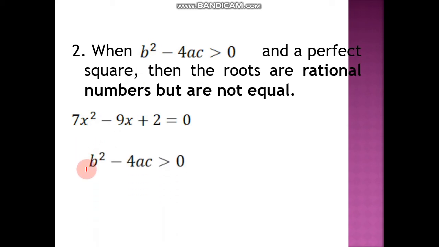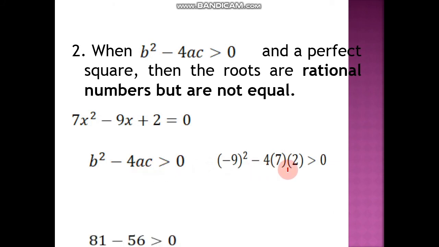Using the expression b squared minus 4ac, use the values of a, b, and c to substitute. Please observe, the value of b is negative 9, the value of a is 7, and the value of c is 2. Simplify.